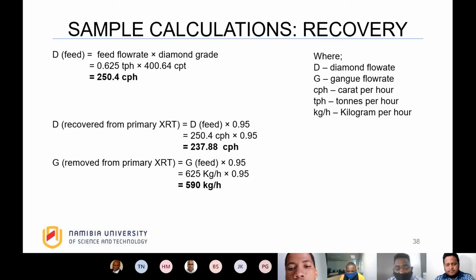And since those machines work at an efficiency of about 98%, you can be assured that 98% of the diamonds can be recovered, with the remaining 2% going to a concentrate dump, and they will be used for future reference.